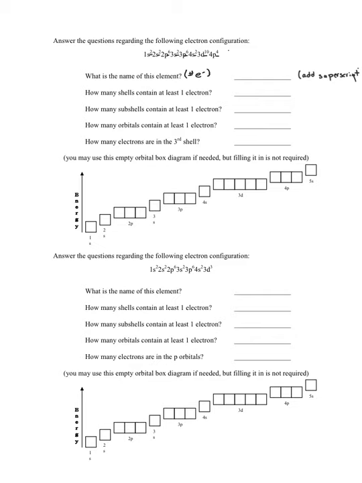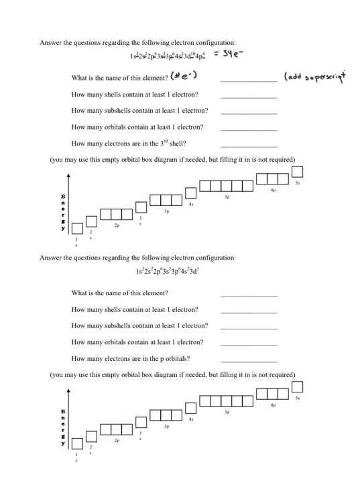I've got 34 electrons total. I can go to the periodic table and I can see that that is element selenium, right? So again, the atomic number 34 tells me that I am dealing with selenium.